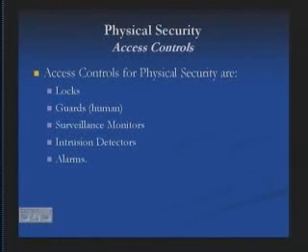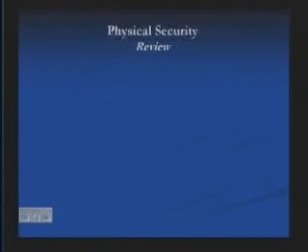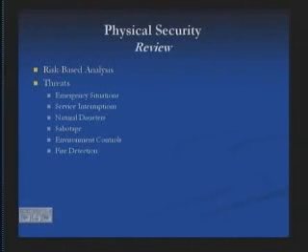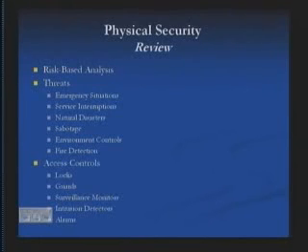When we talk about access controls, we talk about locks and human guards and surveillance monitors, all the sorts of things that you think of when you think about physical security. All right, so this domain then addresses risk-based analysis. It addresses various types of threats that have to work their way into your risk-based analysis, and then various types of access controls, which will be in many cases, the solutions to the threats that appear in your risk-based analysis.